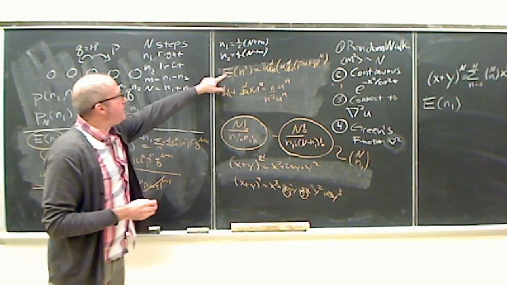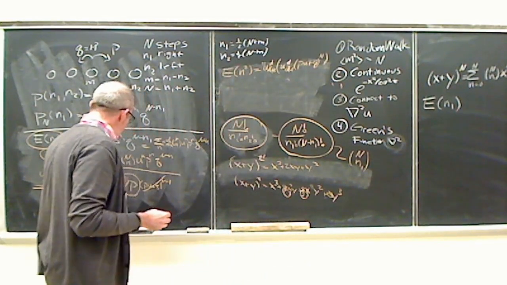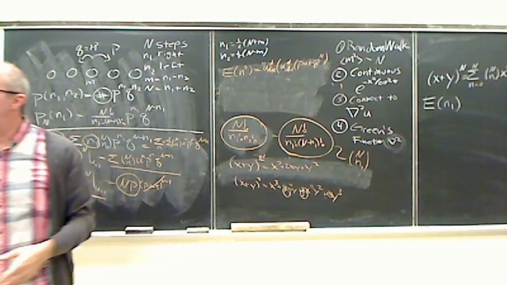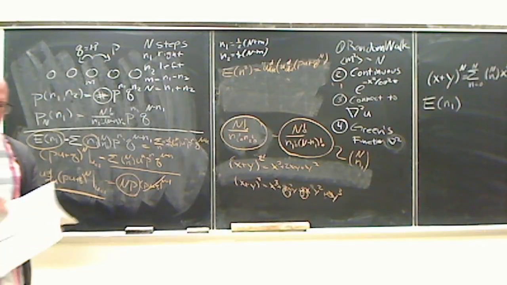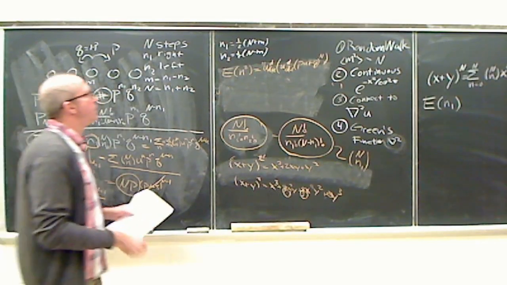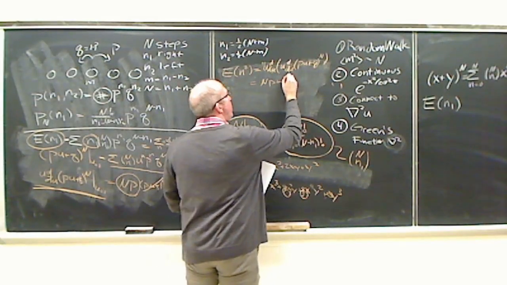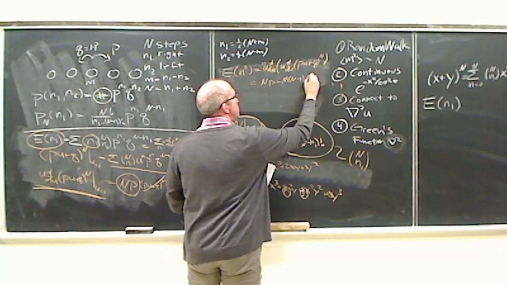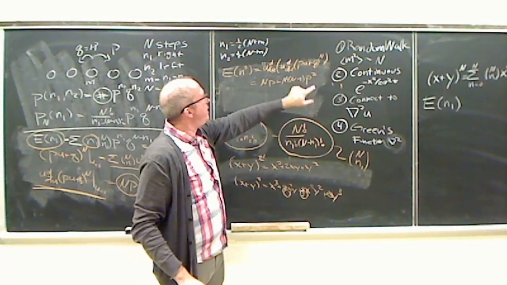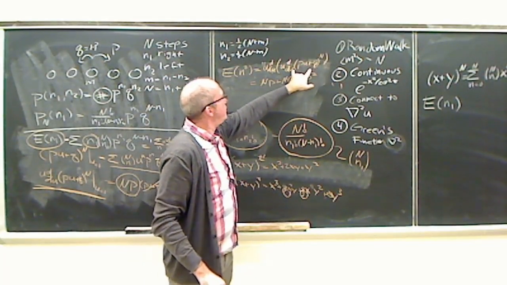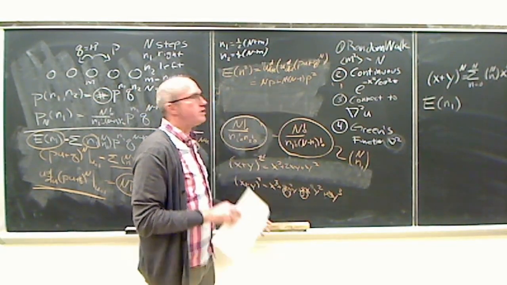So we work out what this is, and you do a little calculus, and you find that the expectation value of n squared, the number of moves to the right, is equal to n times p plus n times n minus 1 times p squared. You can see that if you just do this derivative in your head. The first one brings down an n, and the second one brings down an n minus 1.